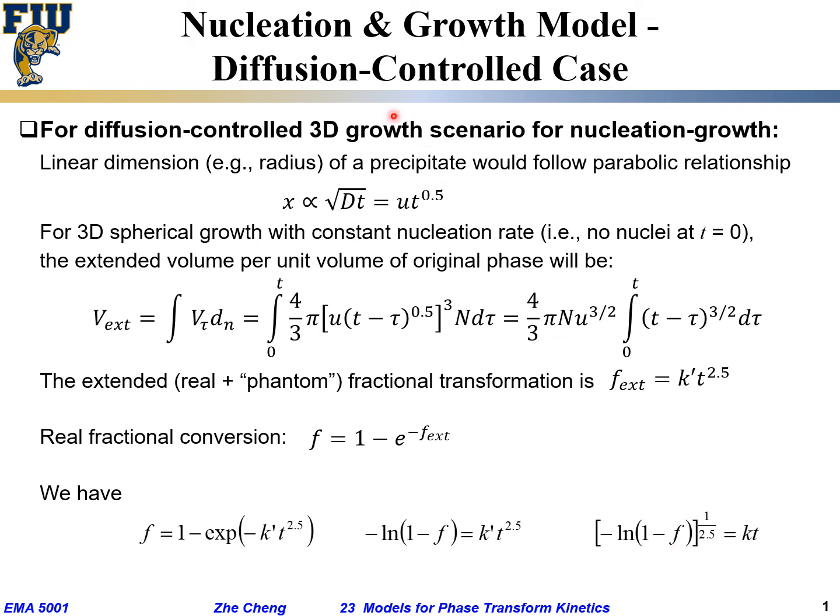This is the so-called nucleation growth case, where nuclei form and grow with a constant nucleation rate, not site saturation. But in this case the growth is diffusion controlled, which means the layer thickness follows the parabolic relationship: x squared equals Dt times the constant, or x equals a constant times t to the power of 0.5.